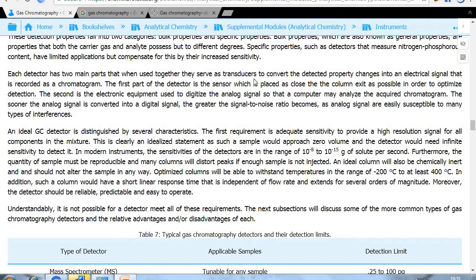One is the transducer, which converts the signal received into an electrical signal, and that is converted to a chromatogram. The first part of the detector is a sensor, which lies very close to the column exit, and the second one is the electronic equipment, which converts the analog signal to the chromatogram. These are the two different parts of the detector.